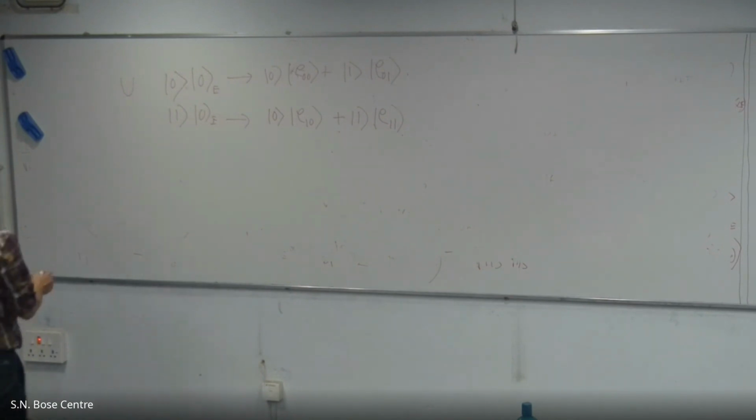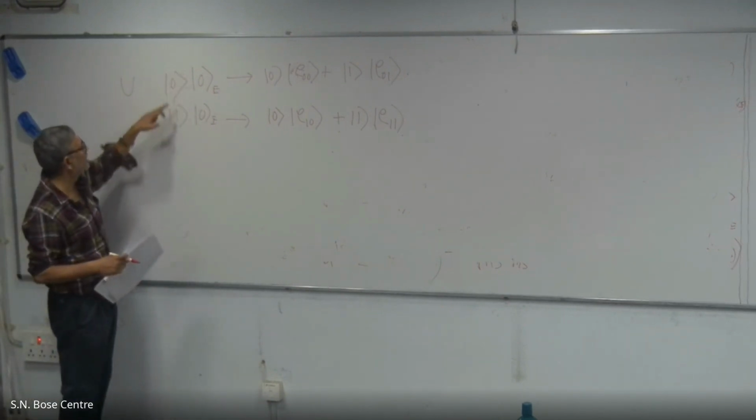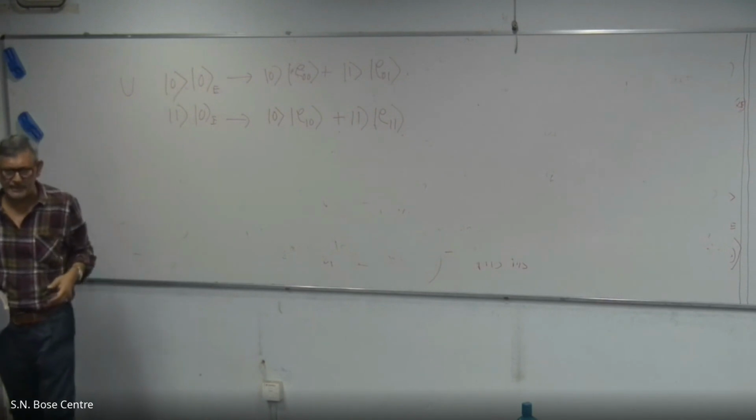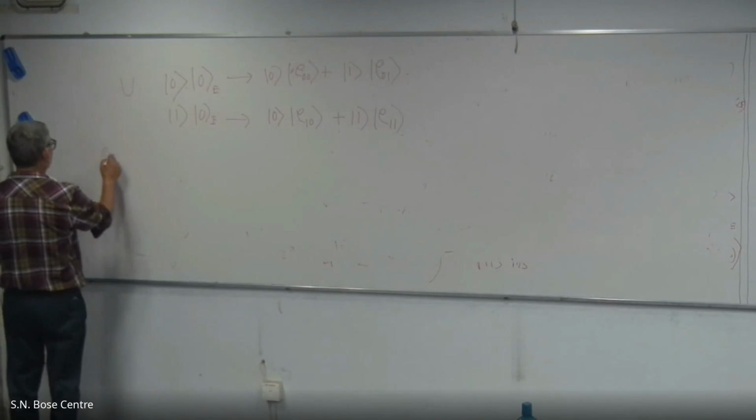Now, the question is, if these are the only two states of the qubit, then they are orthogonal. But this is not quantum information. Quantum information means any state in a two-dimensional subspace. So now you do some mathematics.